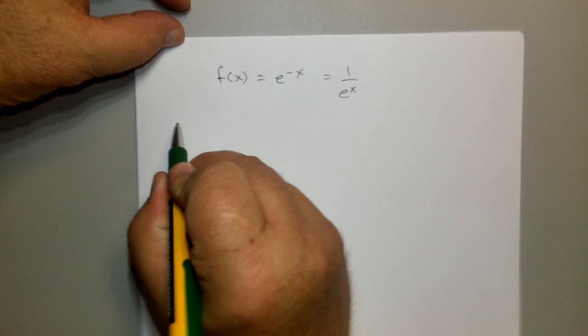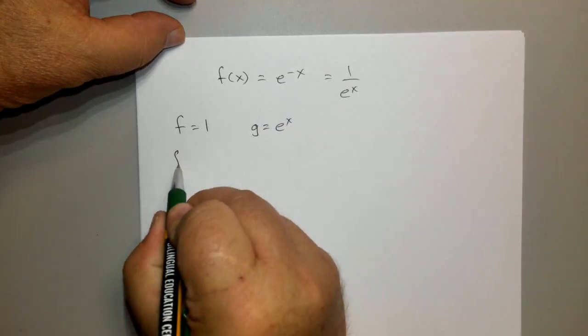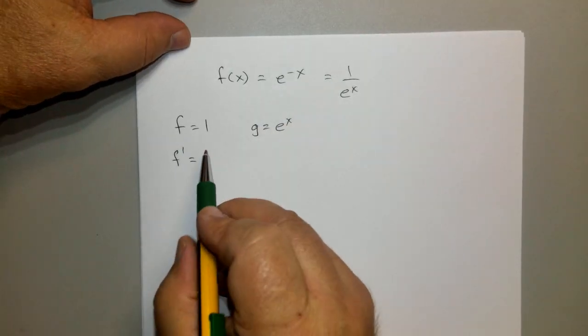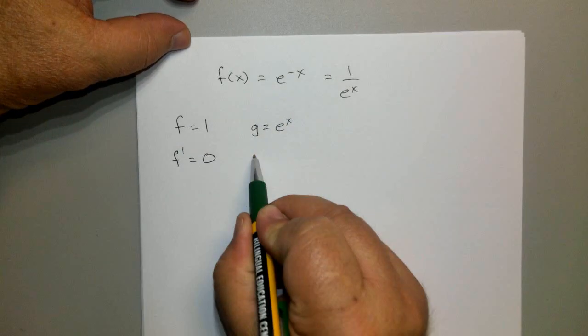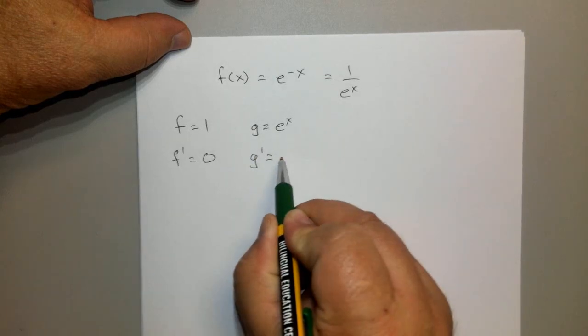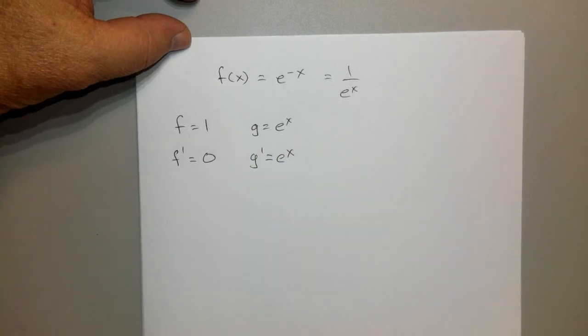So we have the numerator, which is 1, and the denominator, which is e to the x. The derivative of the numerator is what? 0. The derivative of the denominator is e to the x.